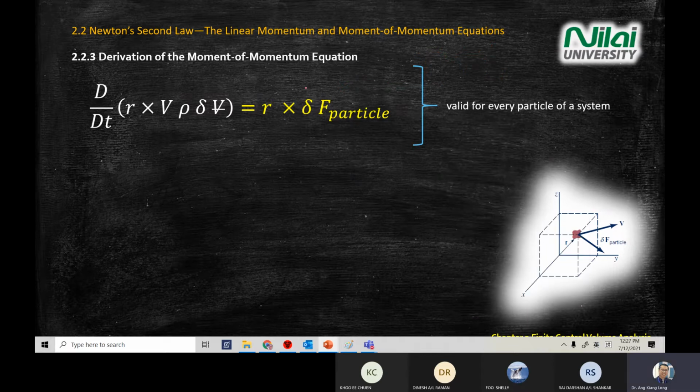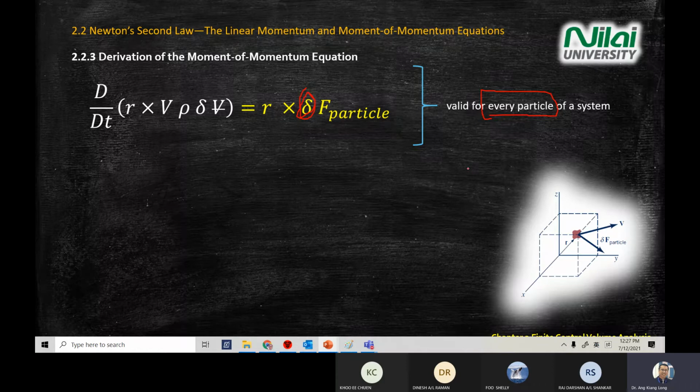And every time you're seeing this delta, which is a small change, we are looking at particle dimension or individual particles. So this equation that you see on the screen is valid for individual particles in the system.